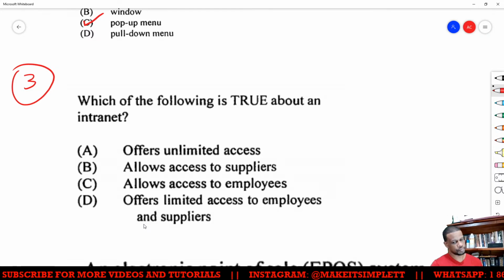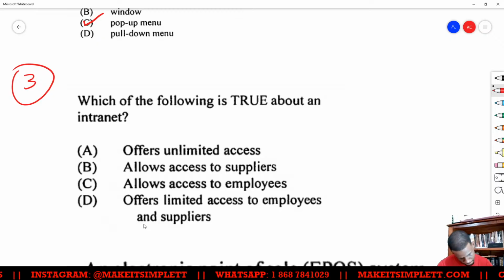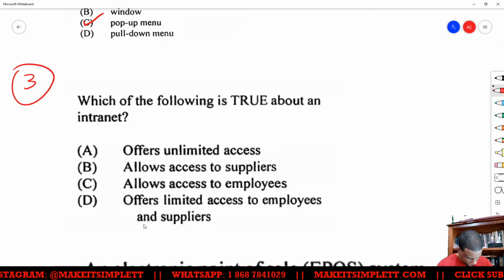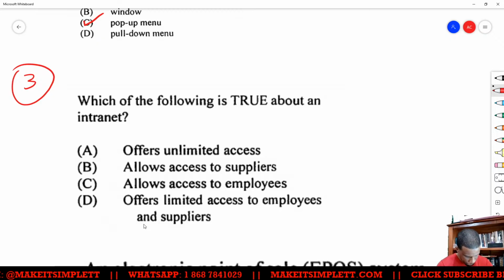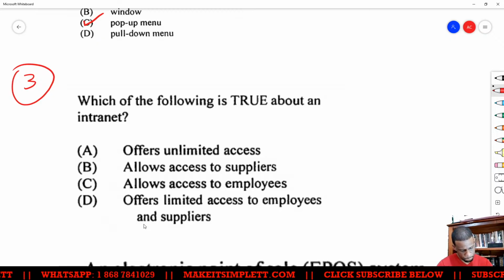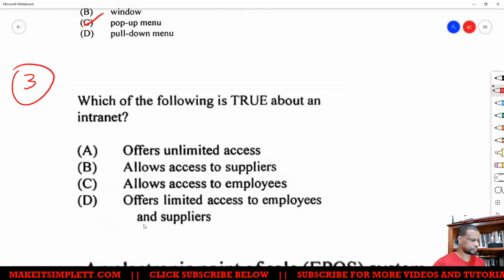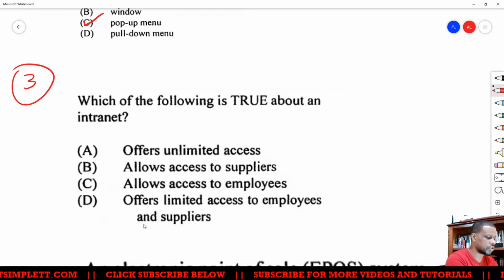Let me hear it. Okay, so which of the following is true about an intranet?